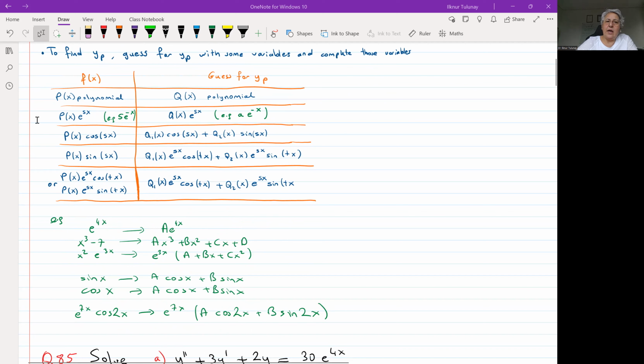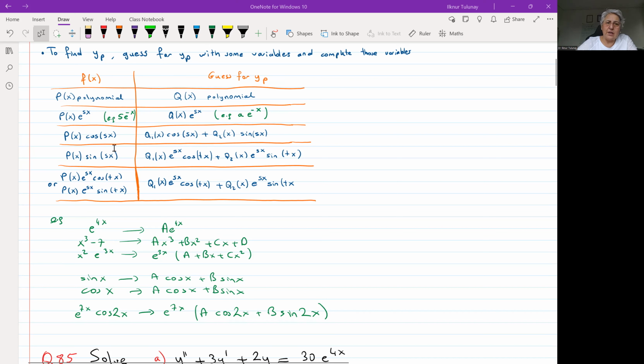If you have a polynomial times e to the sx, for example, then your guess will be the general form for the polynomial P(x), generalized as we've done here, and then multiplied by e to the sx exactly the same. So if you have, for example, 5 e to the 2x, then the general form is a e to the 2x.